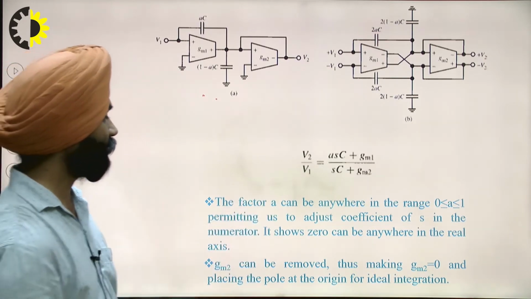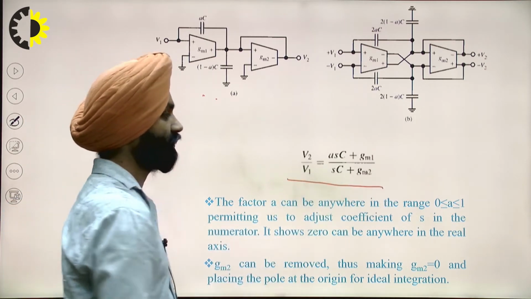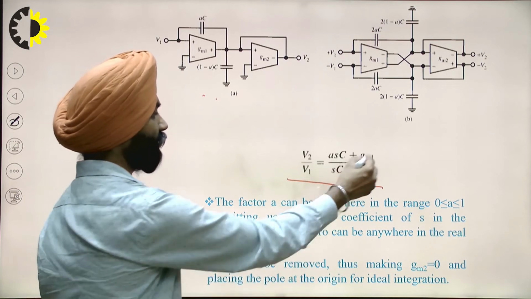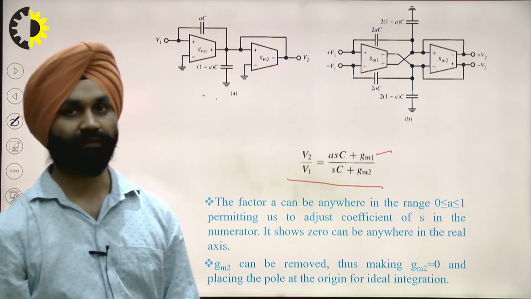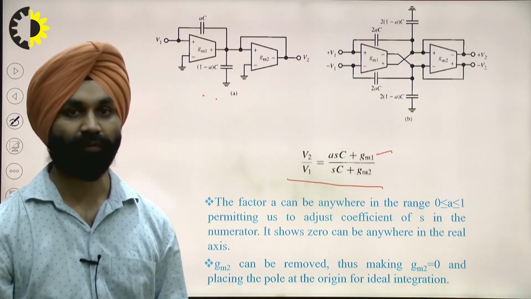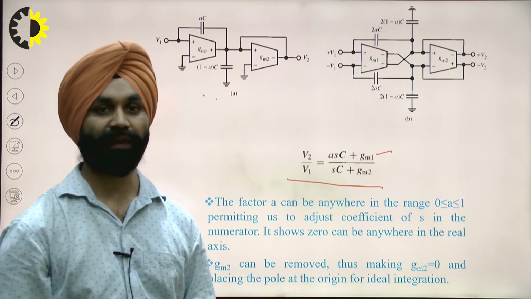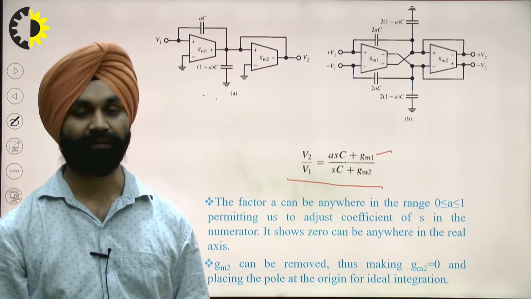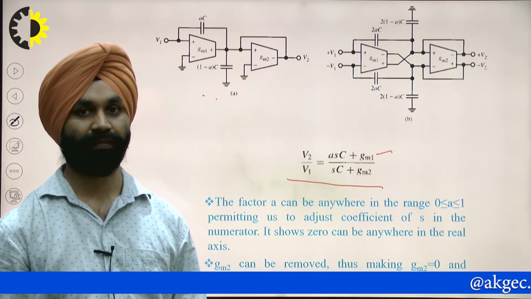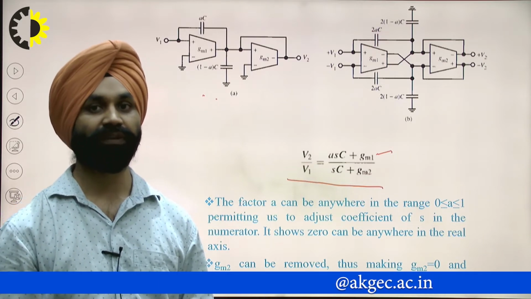The transfer function of this filter we have given here. So we can take the values of GM2 negative or positive, or we can take the value of A to make it a high pass, low pass, or all pass filter. And the A value can range between 0 to 1.